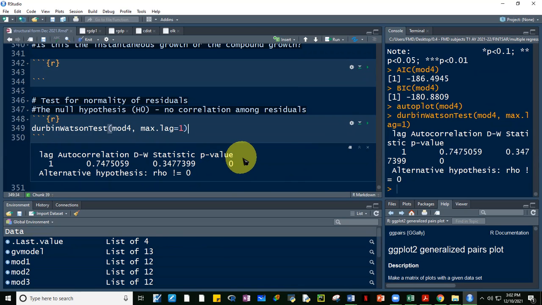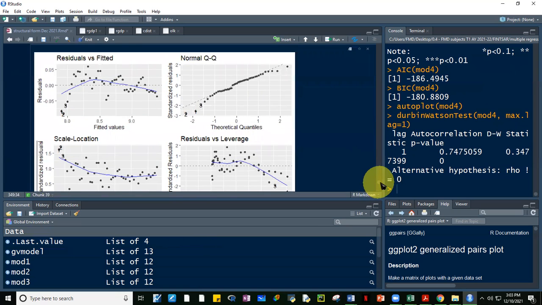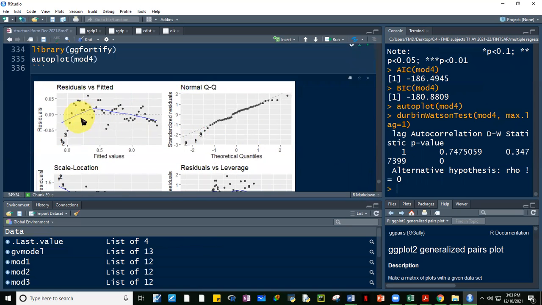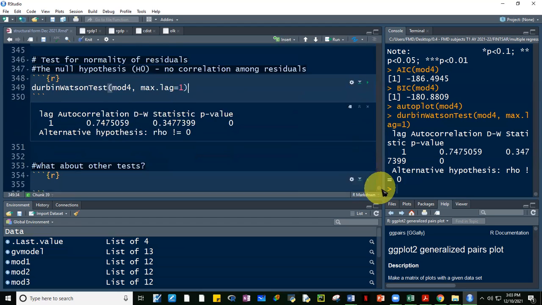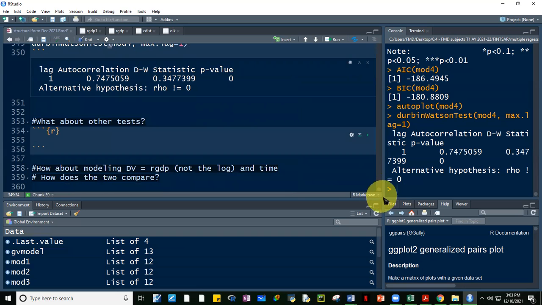So ang conclusion natin, we reject the null hypothesis that there is no correlation among residuals. So mukhang hindi nga normally distributed yung residuals natin kasi may correlation sa kanila. Kitang-kita naman sa plot, guys, ano? Okay, dito at saka dito. Okay. All right, yung other tests, I'll leave that to you first, no?